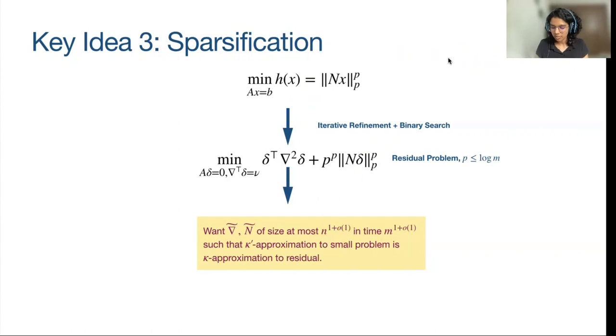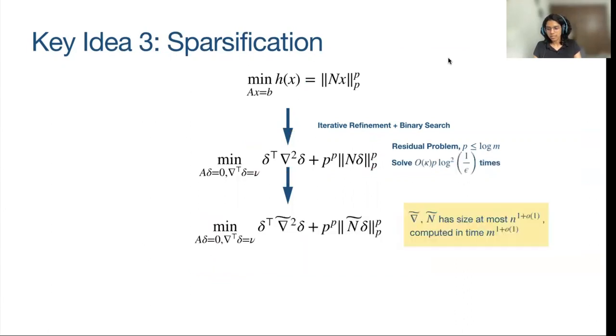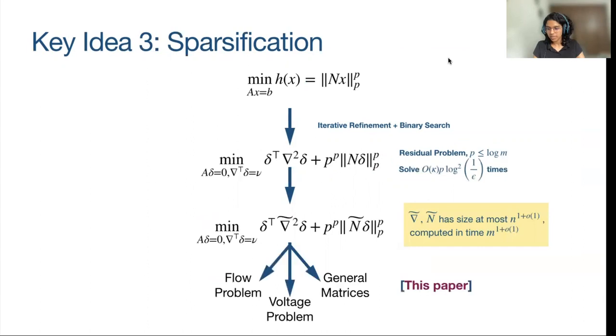And we want this new smooth problem to be such that an approximation to that problem gives a good approximation to this current problem. And this is what we call sparsification. So we have three sparsification routines in this paper, one for flow problems, one for voltage problems, and we have something for general matrices, which works only for small p.